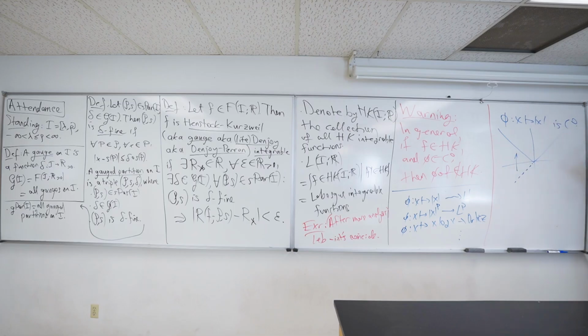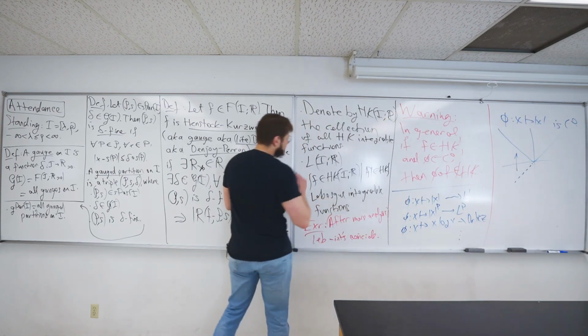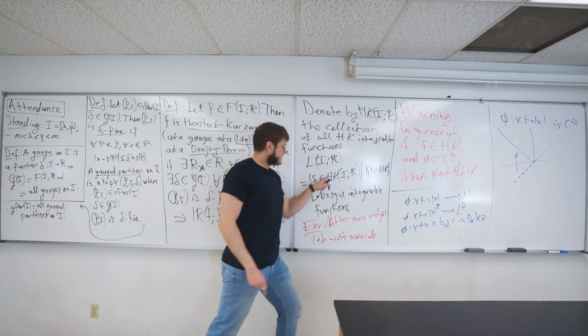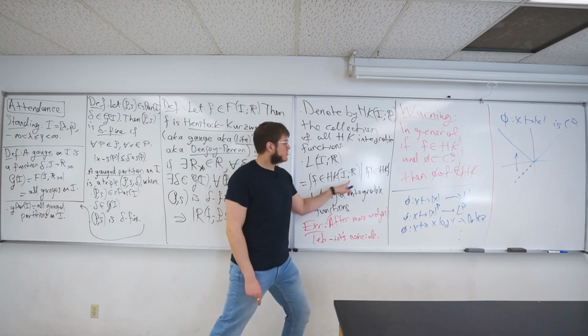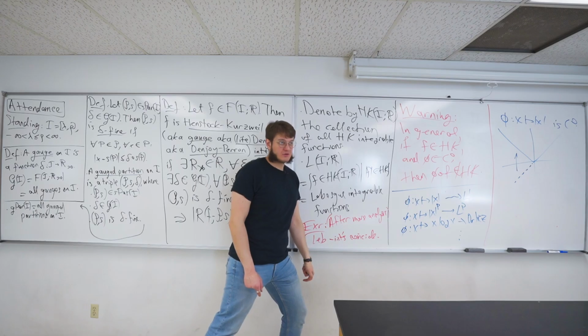So the definition of the Lebesgue integrable function, yes, is that HK has to be C0 continuous? No. The definition of Lebesgue integrable function is an HK integrable function such that the function in absolute value too is HK integrable. You are doing composition of functions.